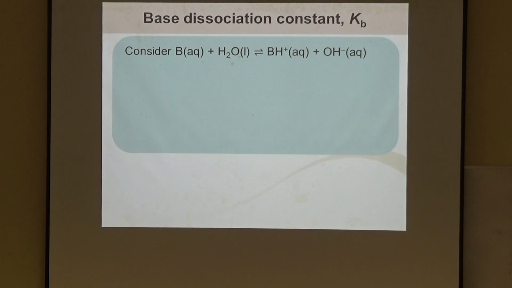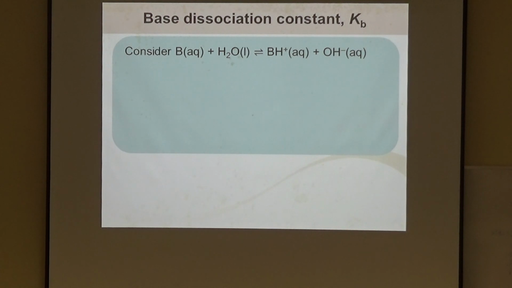At this point, I want you to focus on one thing, on this equilibrium. When we talk about base and acid, there is always this reaction with water. So you must go back to the definition and think what is the definition of a base, what's the definition of an acid.